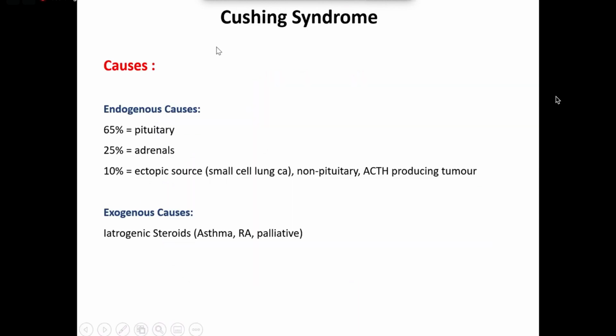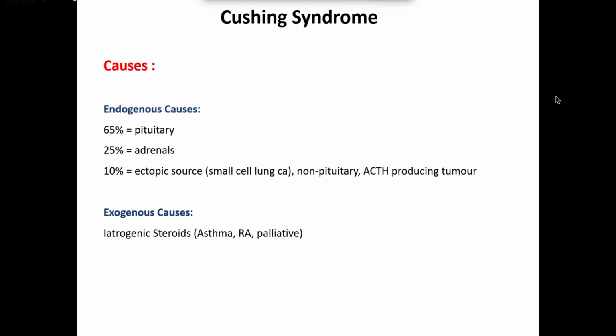So we'll start with the diseases that result from the excess secretion of hormones from the adrenal gland. The first thing is Cushing syndrome. Cushing syndrome is quite common, but most of the patients will present as subclinical.